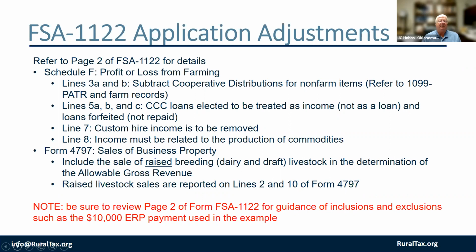They weren't repaid; the loans were forfeited. So we have that treated as income, and it shows up on 5A. Line 7, custom hire has to be removed. Line 8, you're going to have to look at items related to production of commodities. In the 4797, raised is the key word here. Raised breeding animals, raised livestock. So those animals, again, the income from those is reported on lines 2 and 10 of the 4797.